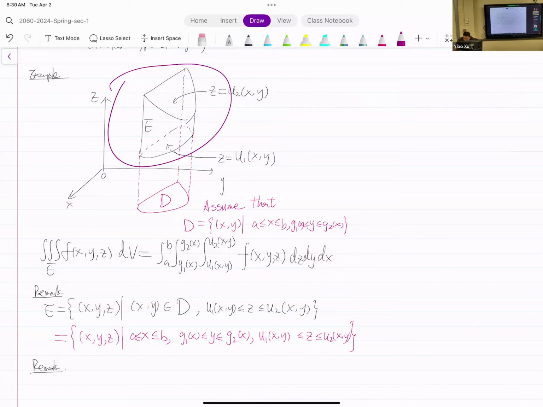For the illustration, we mentioned that the surrounding vertical surface is actually cylindrical, right? So it tells you that it's vertical, and if you project it all the way down to the xy plane, then it will form that region, right?